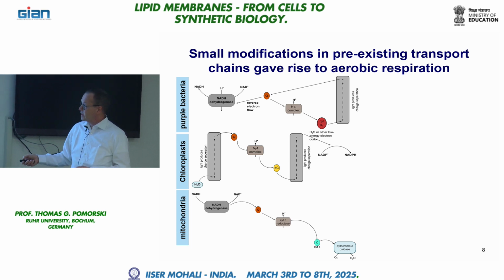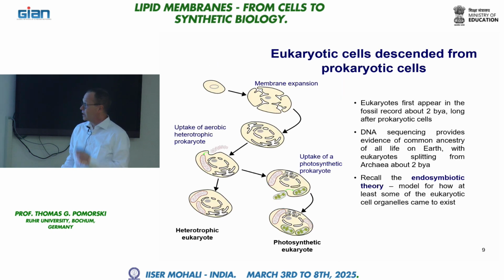And while they do this, they would again drive proton pumps to generate a proton gradient that then can be used to make ATP. So in all cases, you always have a membrane involved that is required for the transmission of the energy of electrons into the later formation of ATP. Okay.